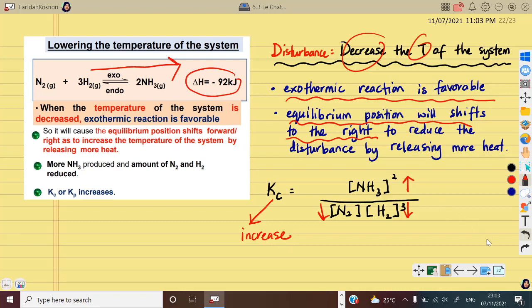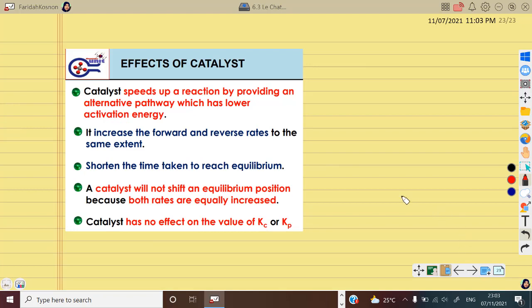Okay, and the last part. The last part adalah effect of catalyst. Okay, catalyst, the function of catalyst is to speed up the reaction by providing an alternative pathway which has lower activation energy.